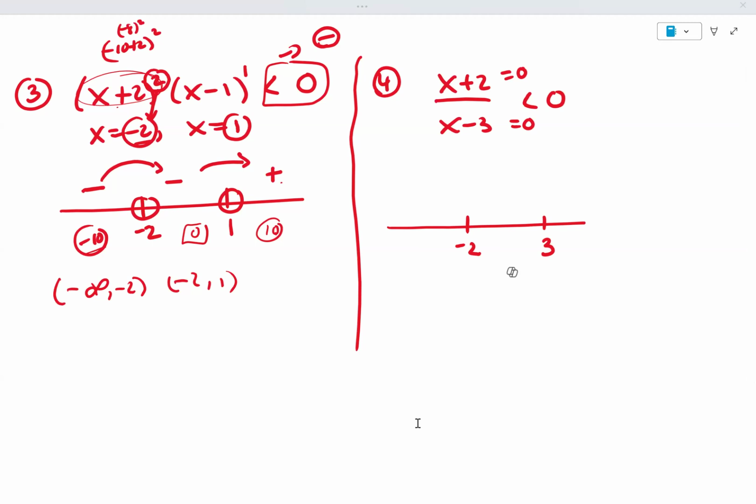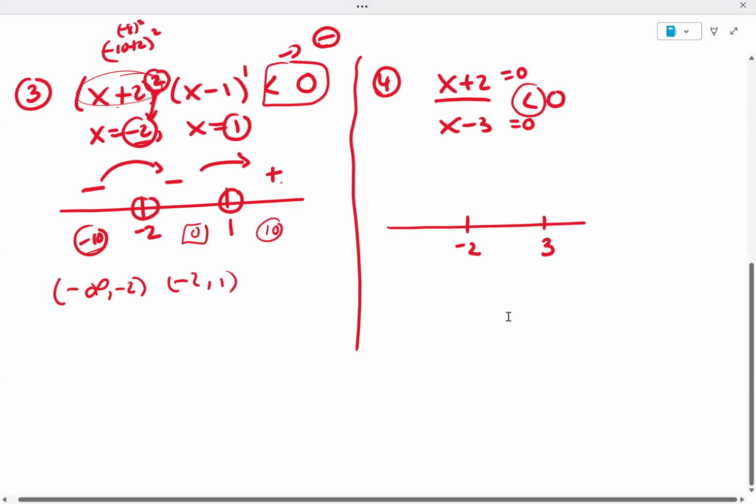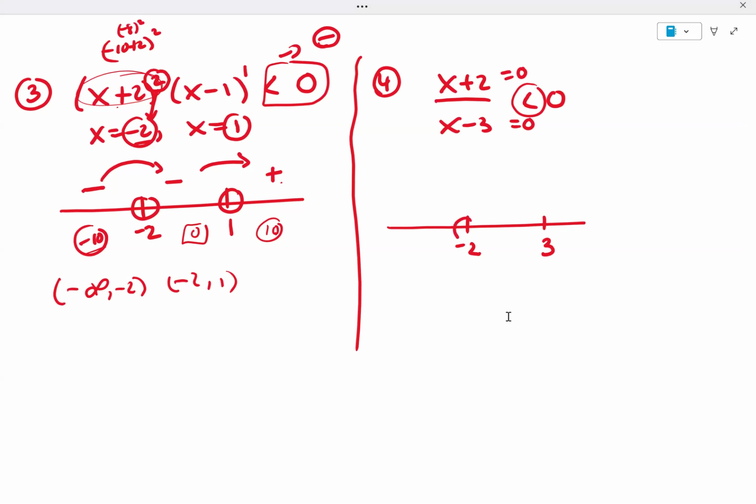Because there's no equal to on this at all, it's going to be all open circles. And regardless of whether there was an equal to, any denominator critical point always gets an open circle because you can't divide by 0.